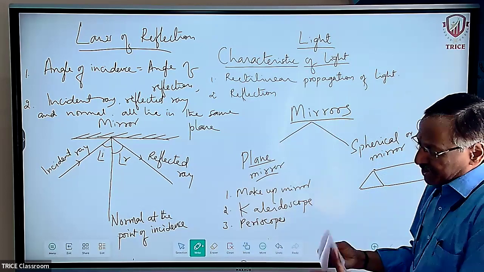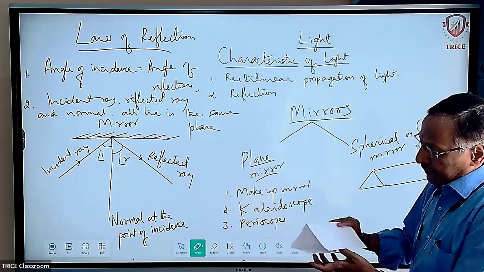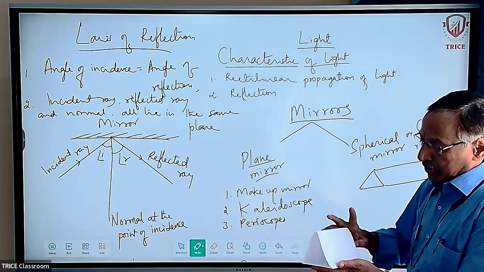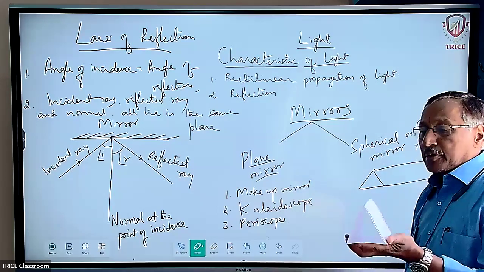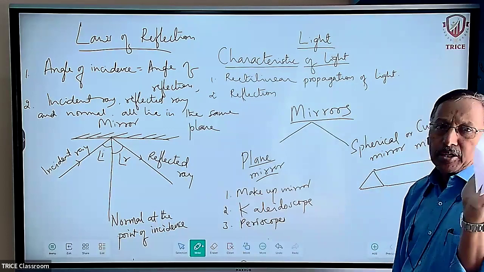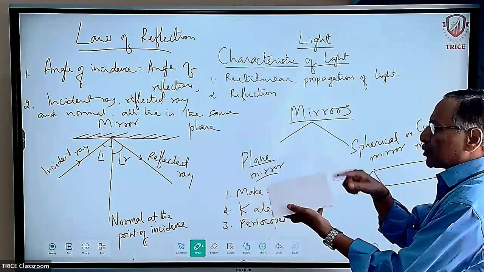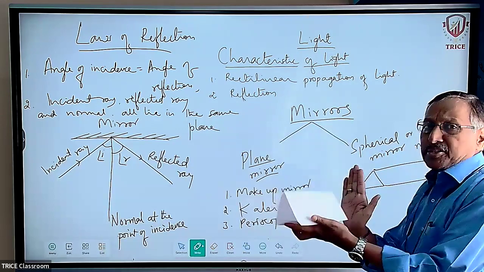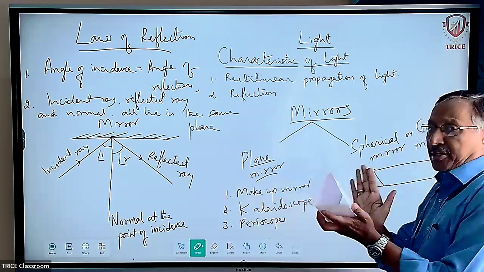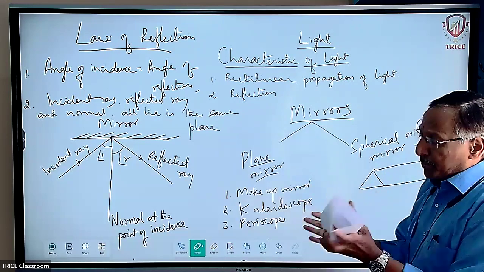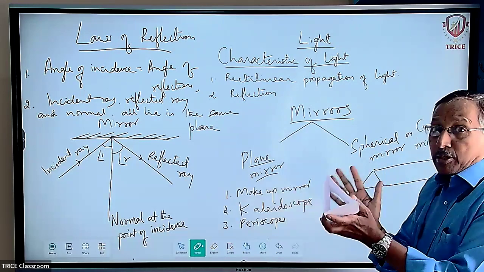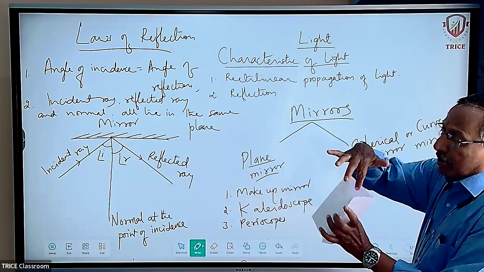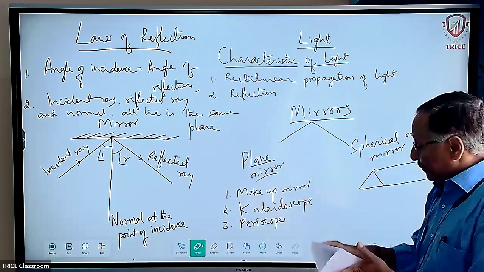So when you arrange these plane mirrors like this, on both the sides it looks like a triangle. The angle between these two lateral surfaces is 60 degrees, and one side is covered. There is also a triangular mirror at the base, and on this side there is a small hole.